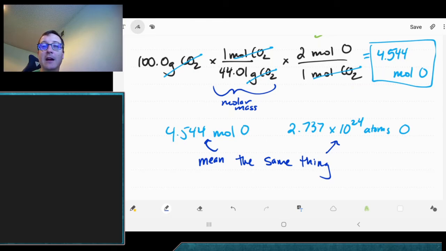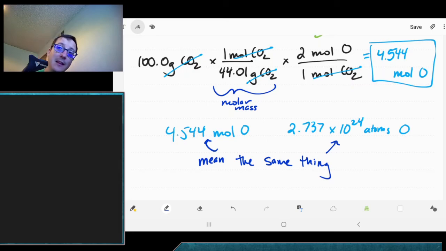So we're going to see that using moles is a lot easier than using atoms directly, even though these two do mean the same thing. How to get between them, by the way, I just multiplied by Avogadro's number, but that's how I got that number. But we're going to see here that these mean exactly the same thing.